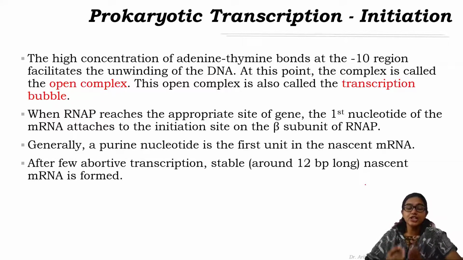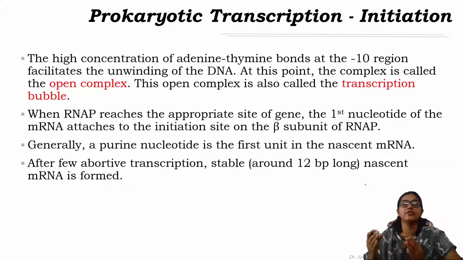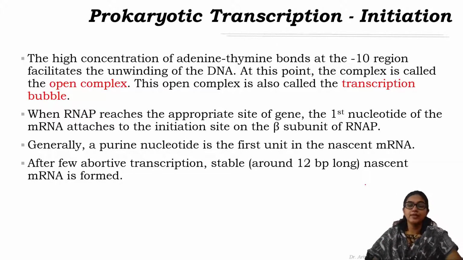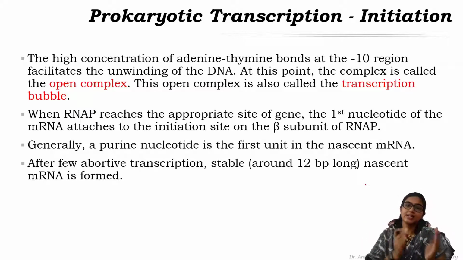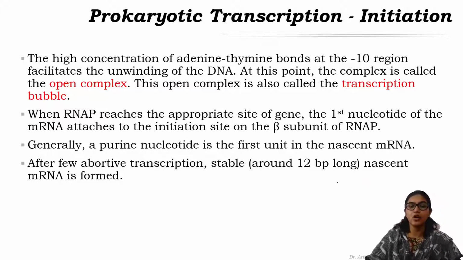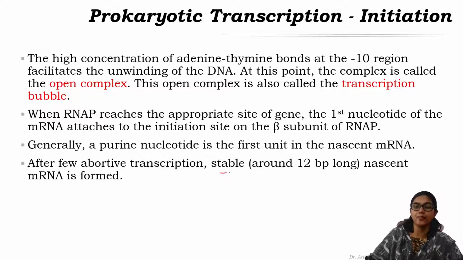bonds. But the initial few cycles of synthesizing the nucleotide chain are abortive. Means after adding a short chain of nucleotides, that chain is detached from the template DNA strand. This abortive cycle goes on until one stable 12 base long nascent mRNA is formed.